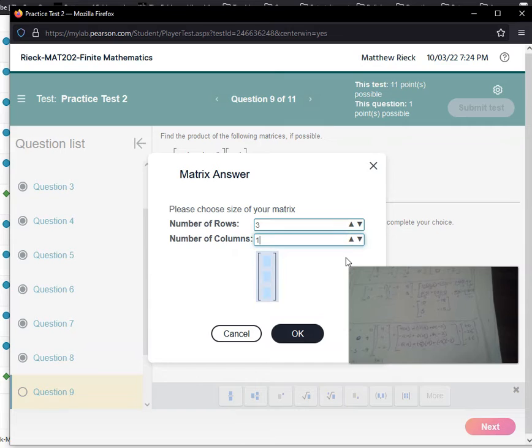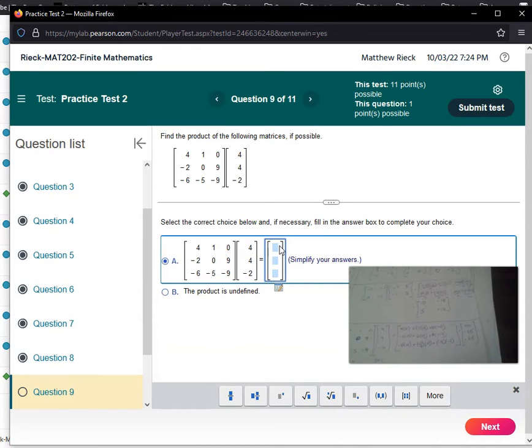So we have 3 rows and a single column. So we have 20, negative 26, and negative 26.